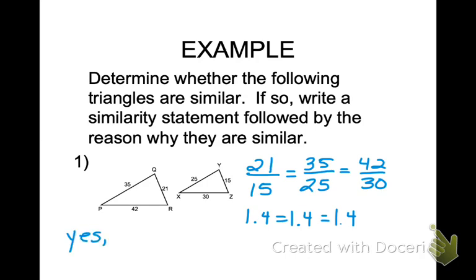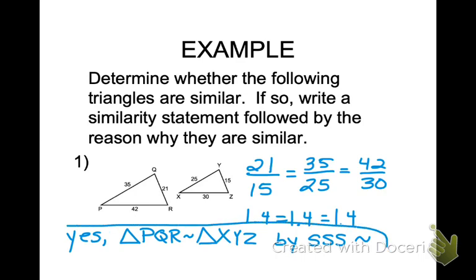I'm going to write my similarity statement. So what order do we want our letters to go in? PQR. So triangle PQR is similar to triangle, if I go PQR, then my other one's going to be XYZ by side, side, side similarity.